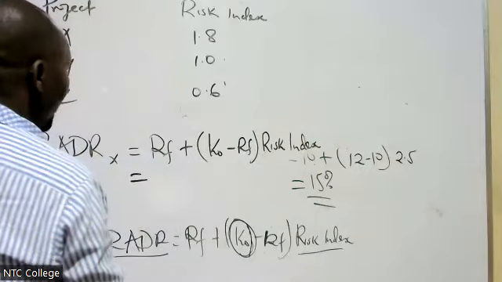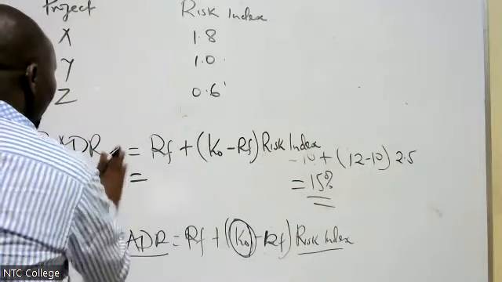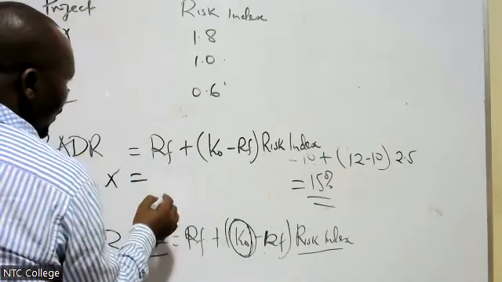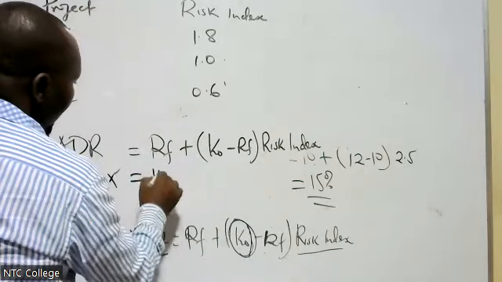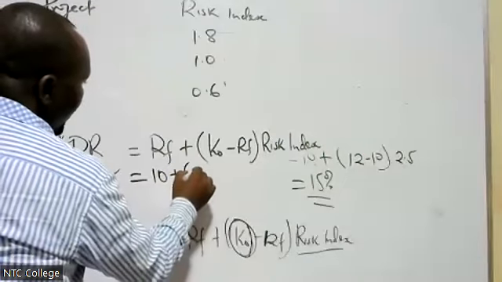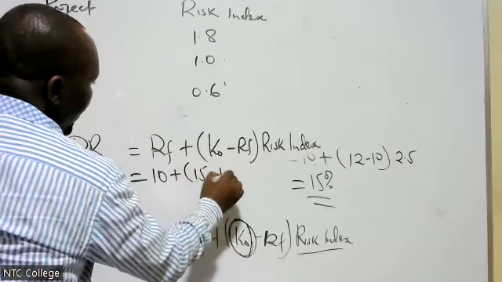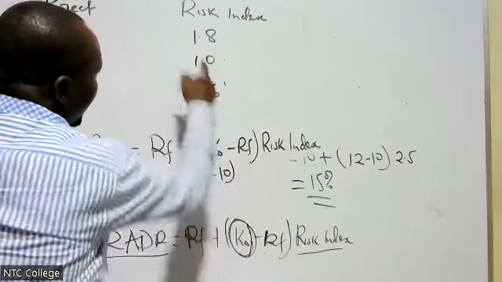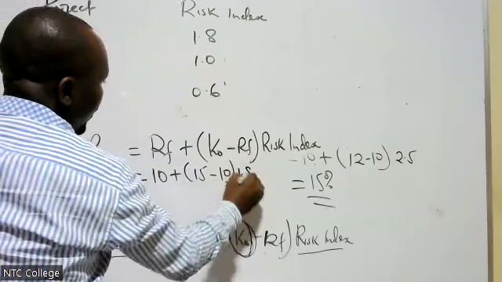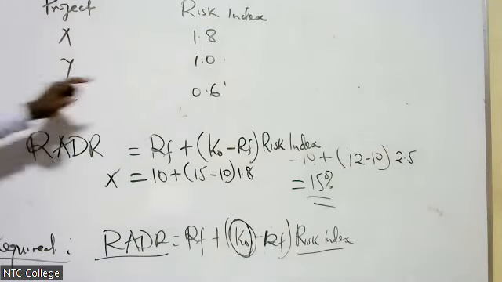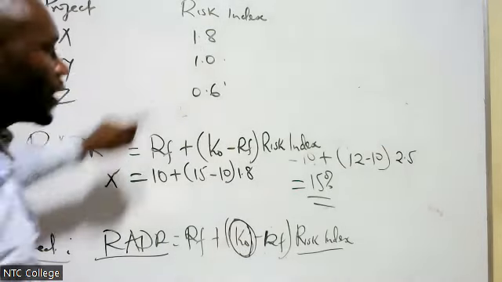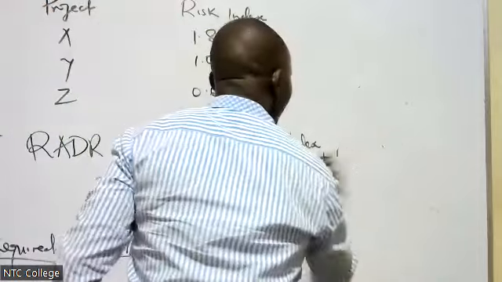So that we have, for X, 10% plus, in bracket, 15 minus 10, into the risk index of 1.8. That is for X. Risk index varies, so use the risk index for each separately.